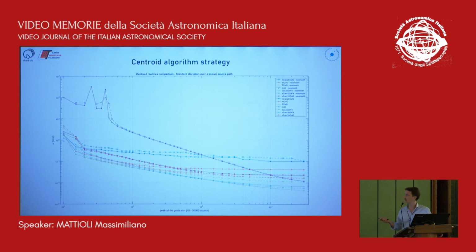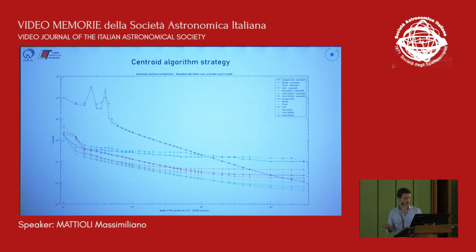Then, before going on the test bench, I would just like to add that we had to choose a strategy for our centroid algorithm. We explored a lot of ways, but the main problem is that we need an algorithm which is accurate enough, but also light for the computational time.